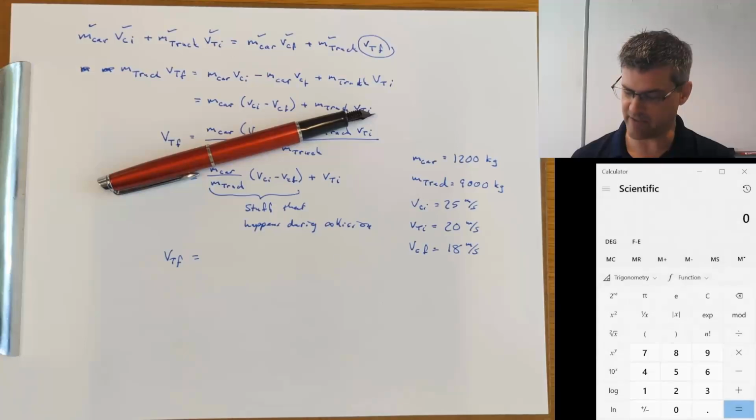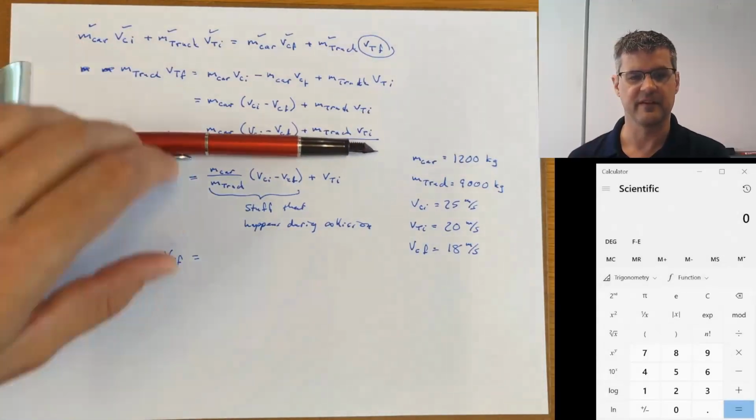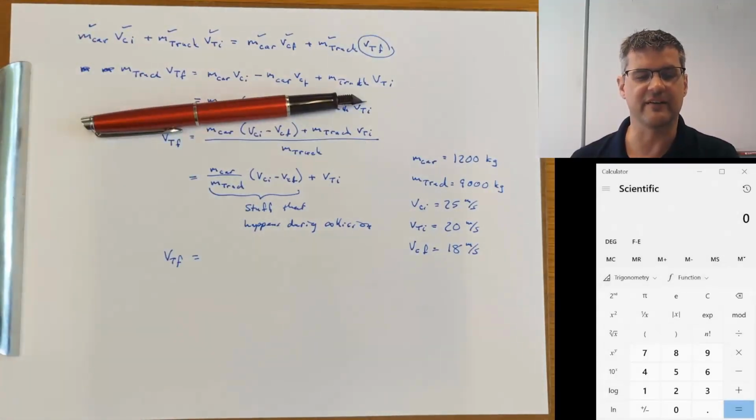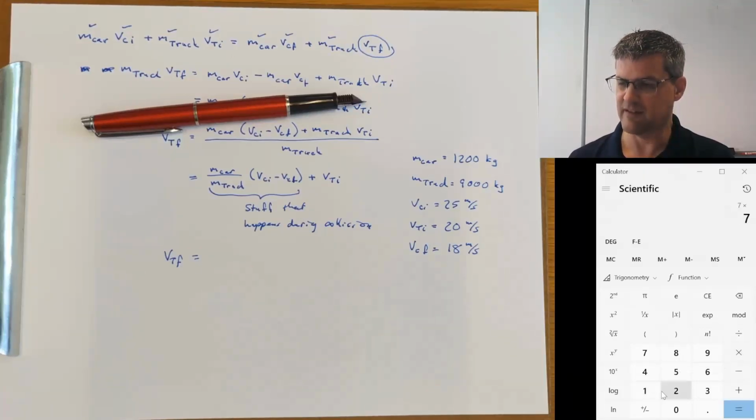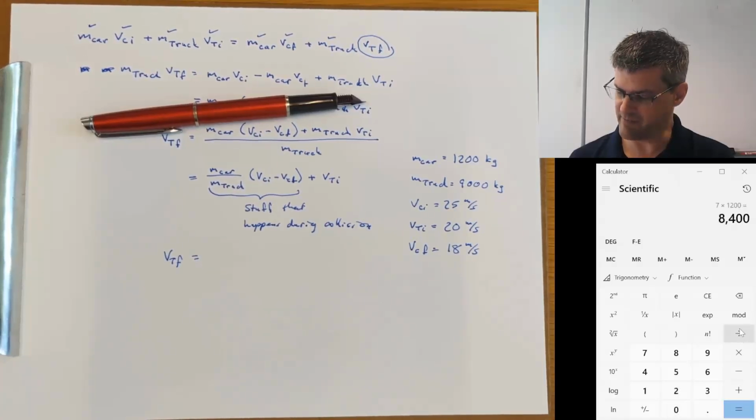So we go here to our calculator, and I have VCI minus VCF, which is 25 minus 18, times the mass of the car, divided by the mass of the truck.